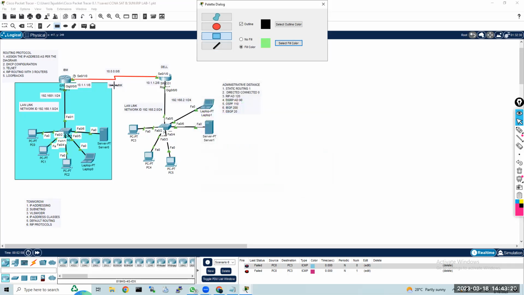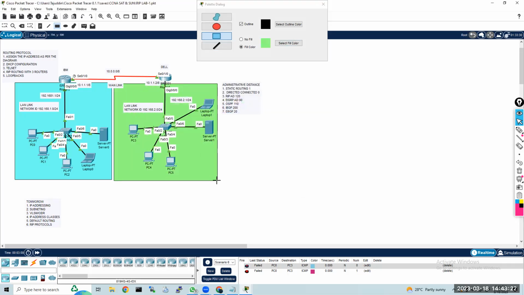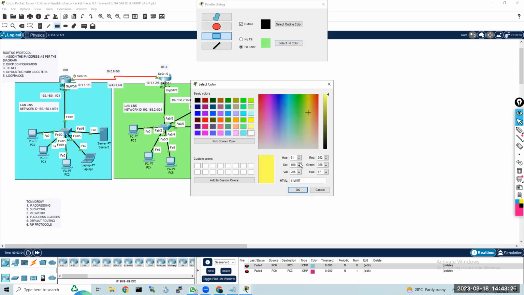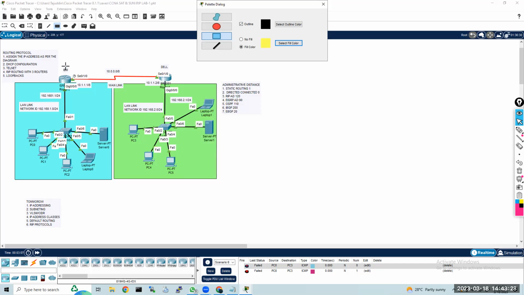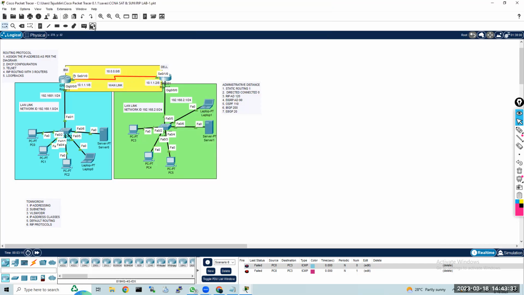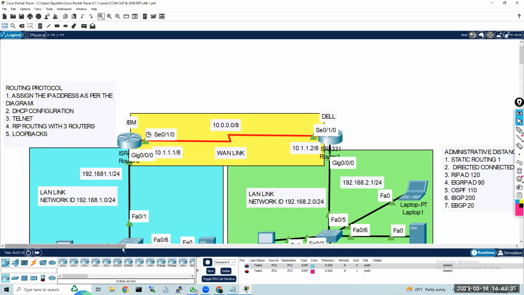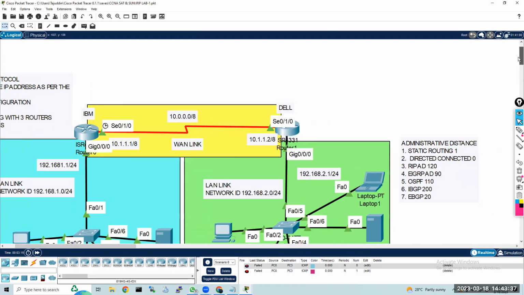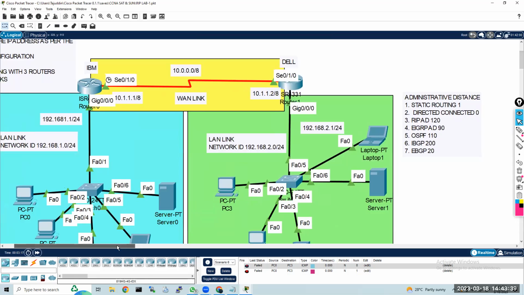This is the green, and the center one will take yellow. Now this is different. I'm going to configure RIP.